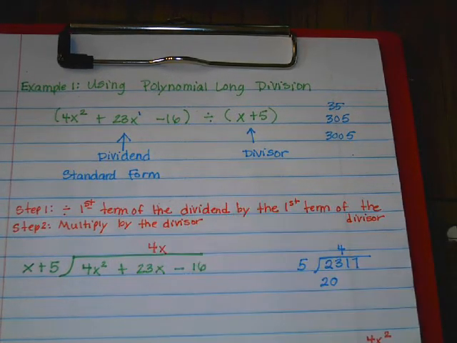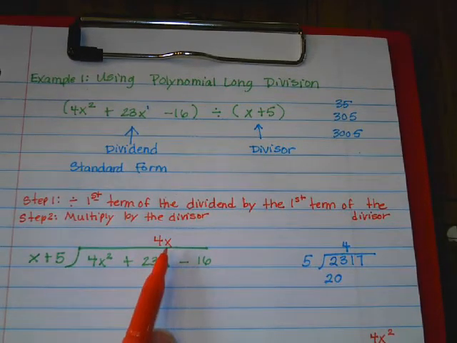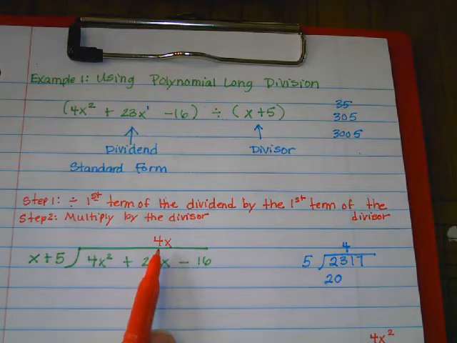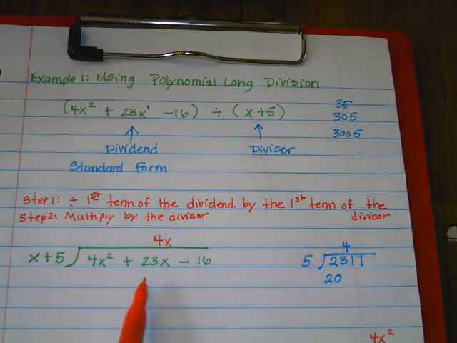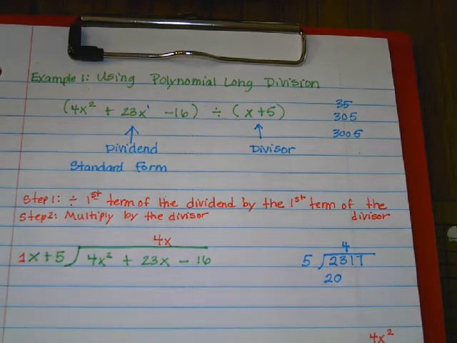All right, so now we're going to take this value, this 4x, and we're going to use our distributive property. We're going to multiply 4x times x, and then 4x times 5. And we'll write our answers right underneath their like terms. So if we do, there's a 1, I'll put a 1 out here so you understand there's an understood 1 that you do not see.